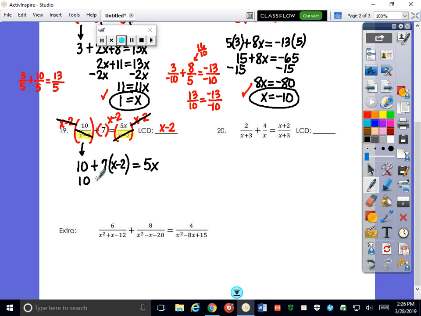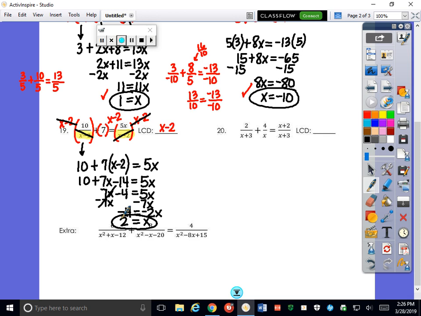So if I distribute, I'm going to have 7x minus 14 equals 5x. If I combine my like terms, 10 minus 14 is negative 4. And then I'm going to go ahead and move the 7 over. It'll just be easier to get the x's on the same side. And so x is going to be 2.